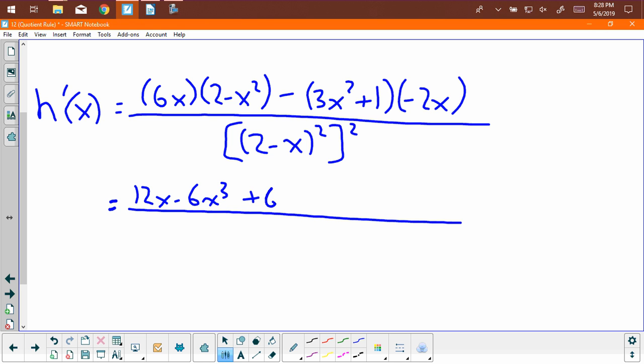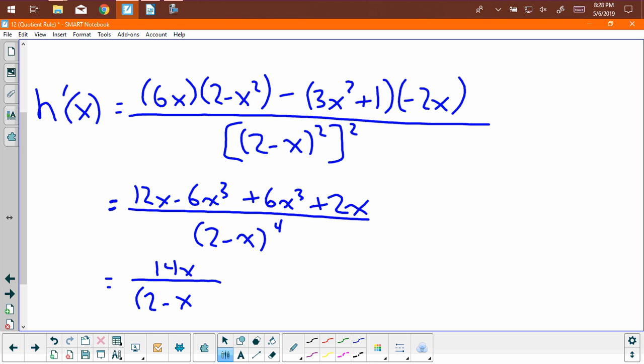So I'm really going to have plus 6x cubed. And then for the last pair, 1 times negative 2x is negative 2x, but I was really subtracting it, so that's plus 2x. And the denominator, all I can really do there is that it's the power 4 now. In this case, my numerator cleans up quite nicely. My cube terms cancel, and I have 14x over 2 minus x squared all to the 4, and that's done.